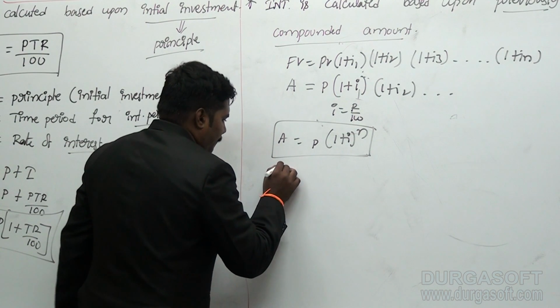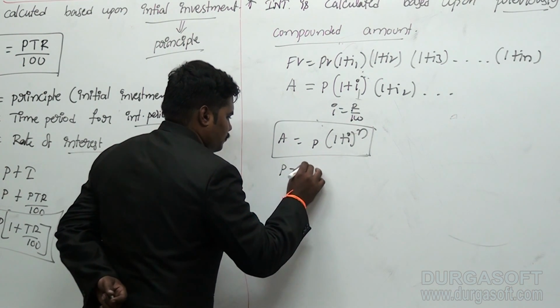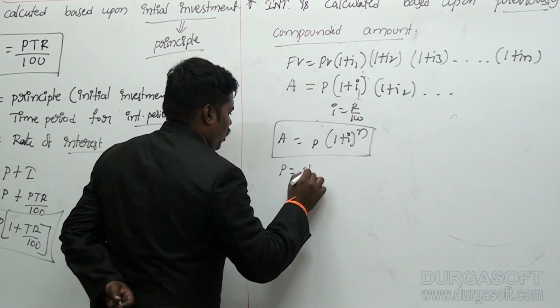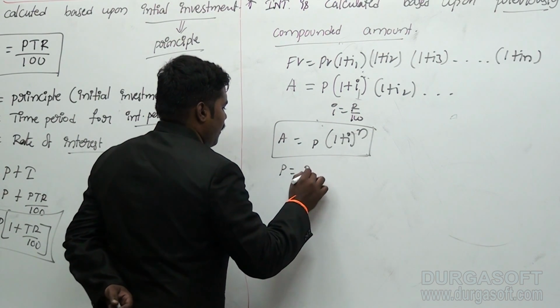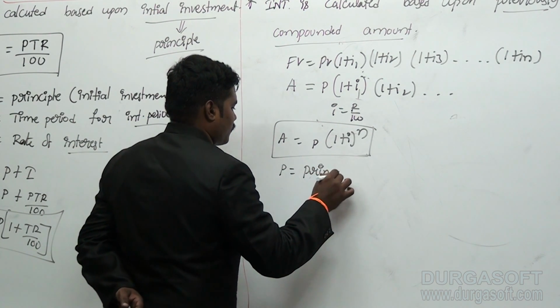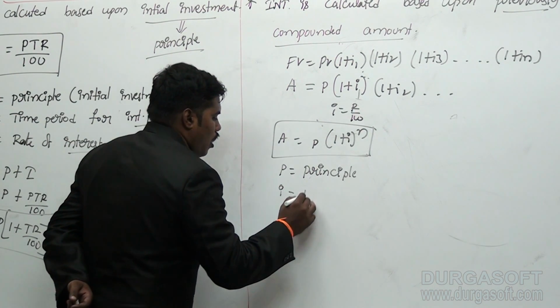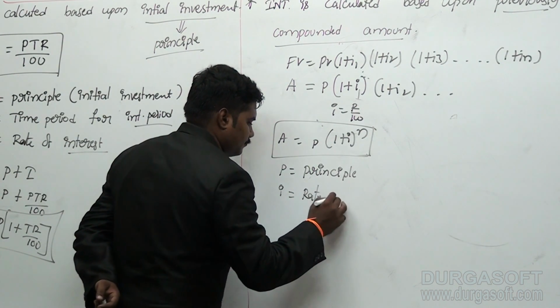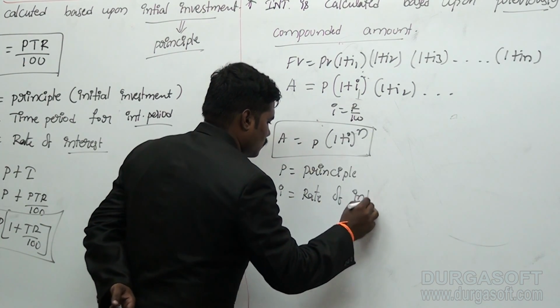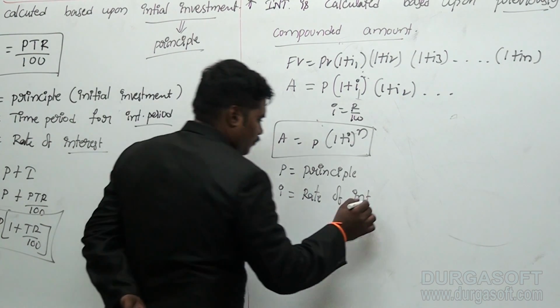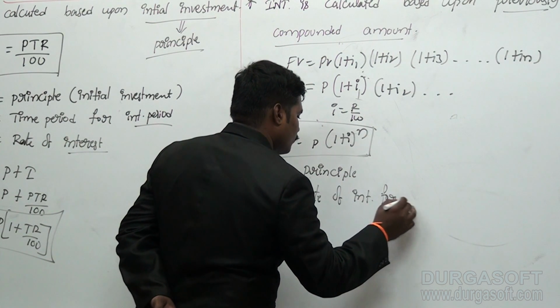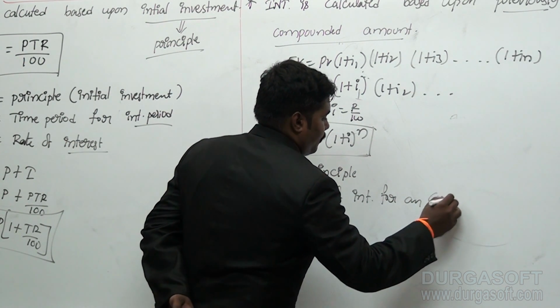Here P is the starting investment or principal amount, and I is the rate of interest for a compounded period.